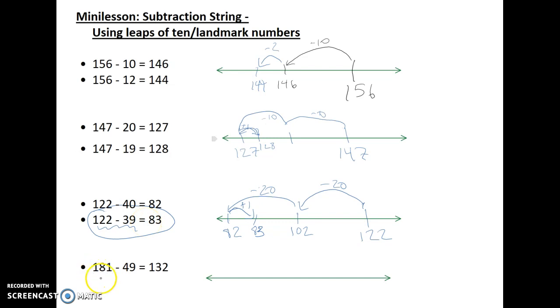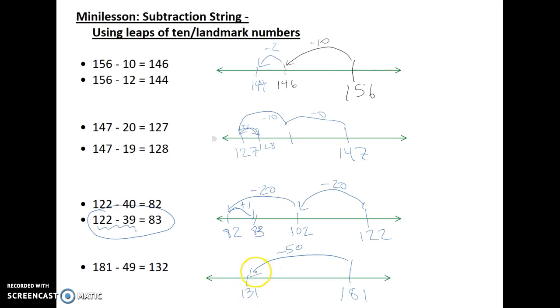Then you get to the last problem, and this is the really neat one, where you do 181 minus 49. You didn't give the leading problem, but you let them figure out what that problem should be. So for this one, the exciting thing that they should start to say on their own is that, well, I can figure out 181 minus 50 should be 131.